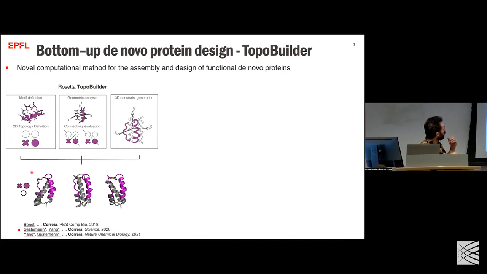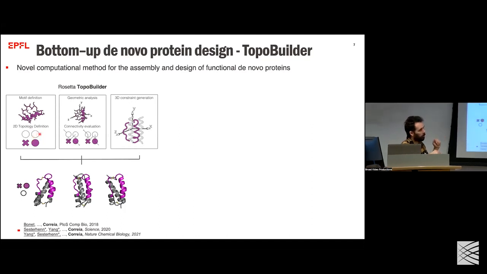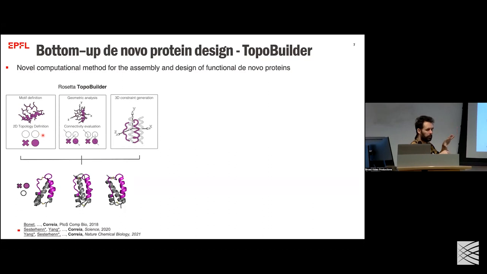At this point, we were just sketching out 2D topologies. So basically saying, okay, should we put a helix? Should we put a strand? How many helices? This kind of idea. And then in the next level, we could actually sample very quickly how we can connect the different elements. And then in the next level, we would project all this information into the 3D space and have something that looks more like a protein.